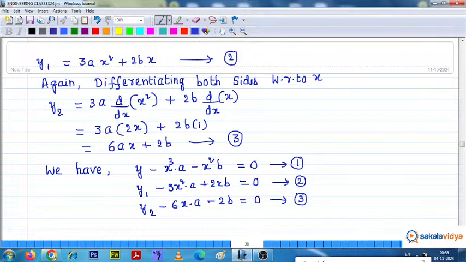So from these three equations we need to eliminate a and b. In order to eliminate a and b, we need to make use of the concept of determinants. Eliminating a and b from equations 1, 2 and 3, we get the eliminant, which is the determinant.